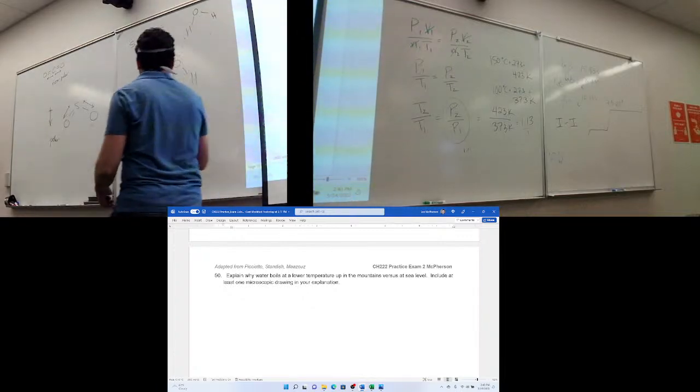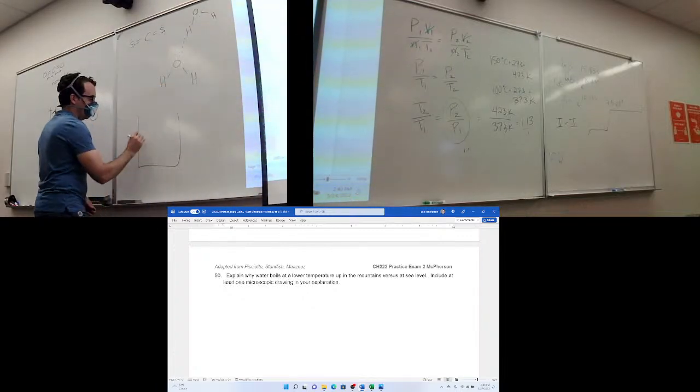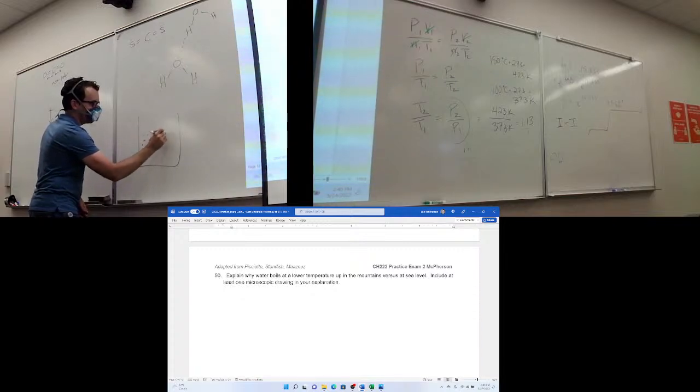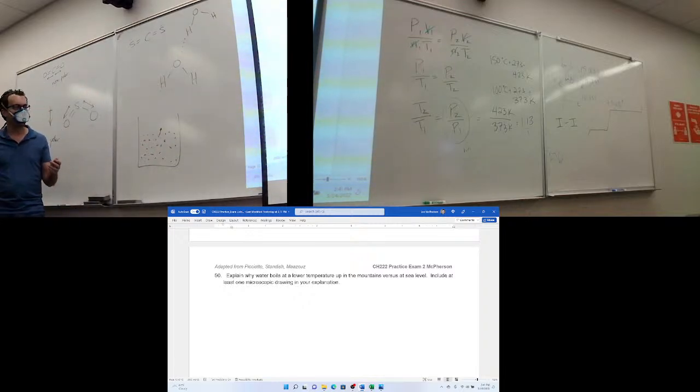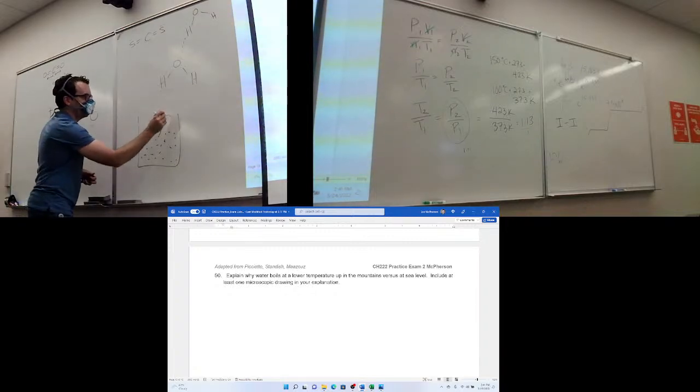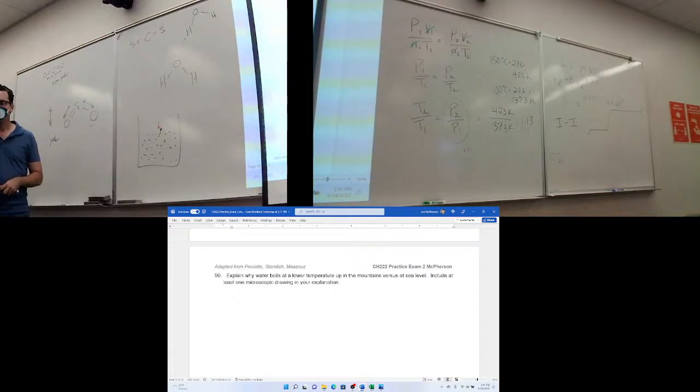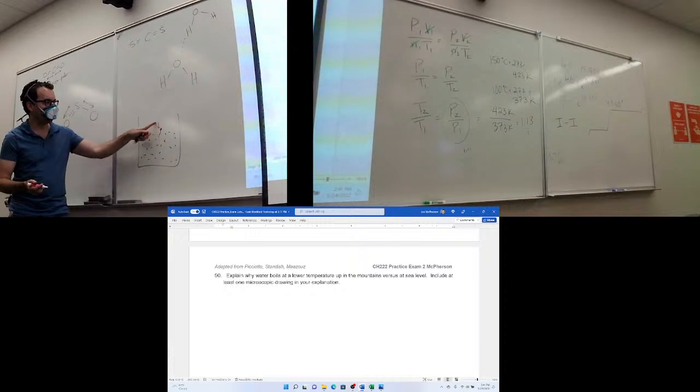All right, so you've got a liquid, and here are your liquid molecules, and some of these molecules have enough energy to escape, and they turn into a gas. But let's say you've got only a little bit of air. These air molecules are also slamming into the liquid, and if there are not many air molecules, these liquid molecules have an easy chance to escape.